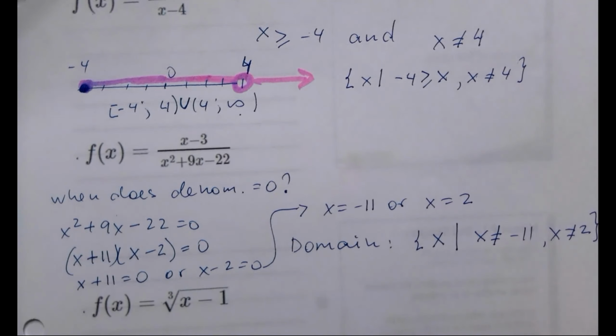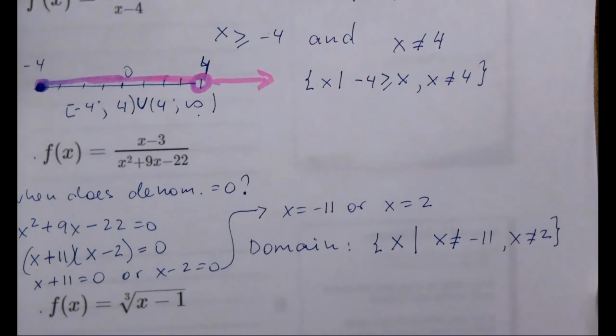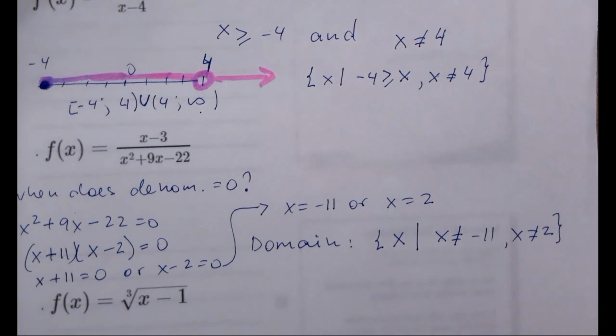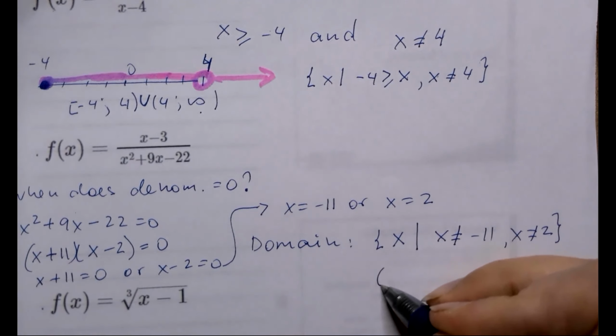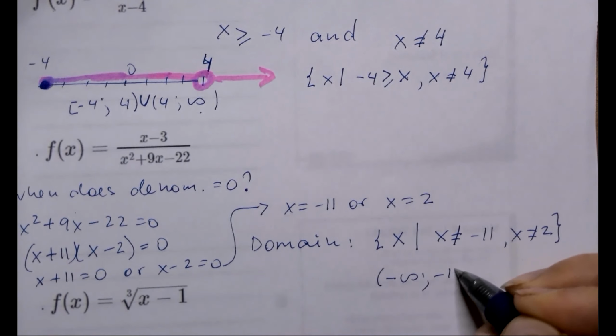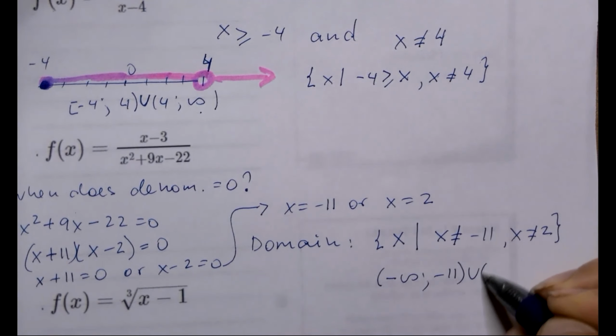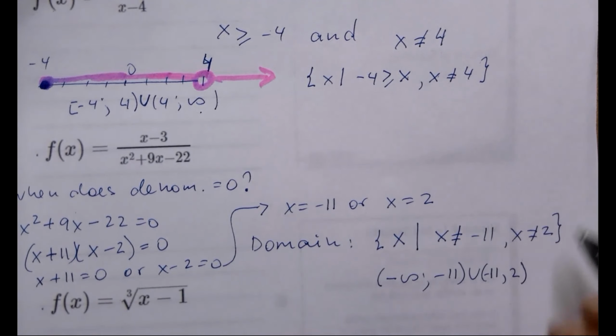This is another way to write your domain in set builder notation. For interval notation, it is going to be from -infinity to -11, and then from -11 to 2, and then again from 2 to infinity.